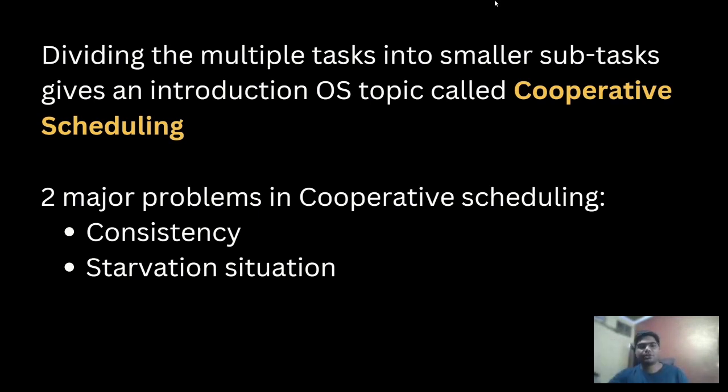Anyway, there are two major drawbacks which come along with this asynchronous dividing of your work into multiple tasks. One major problem is consistency, because now you have divided your task. How would you maintain the consistency? That's a problem.